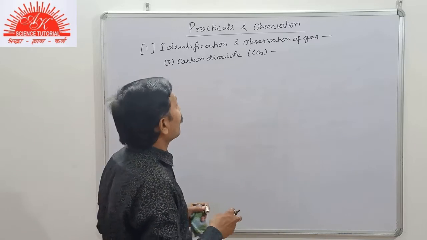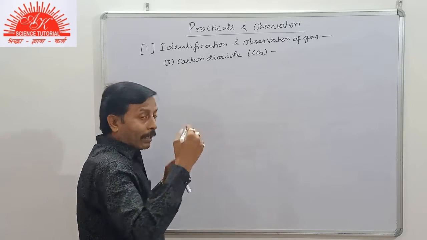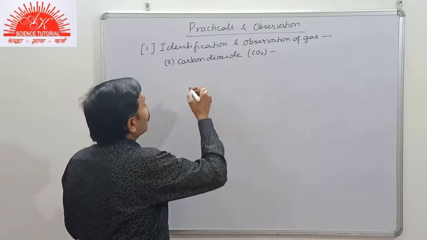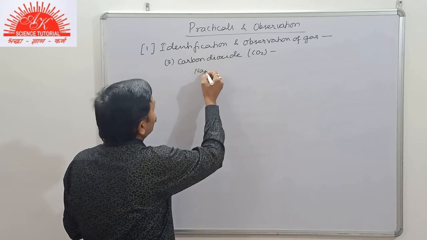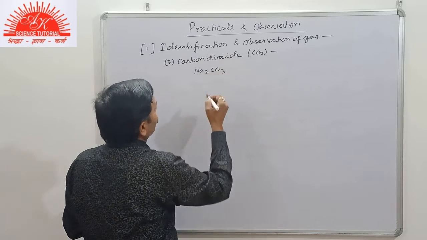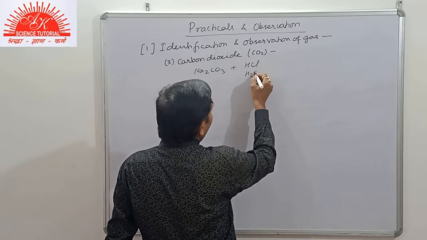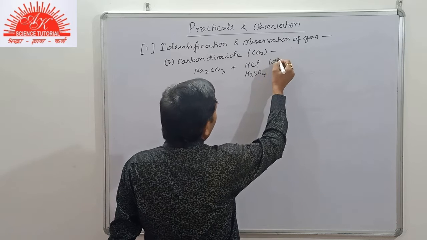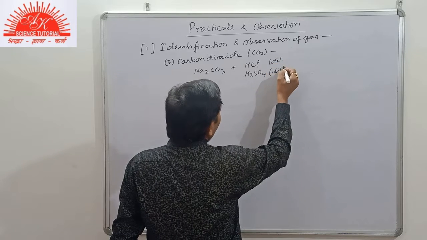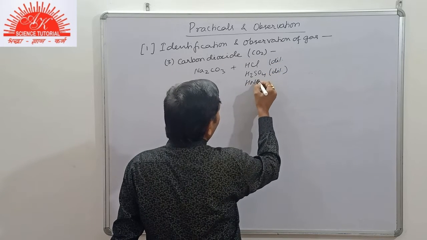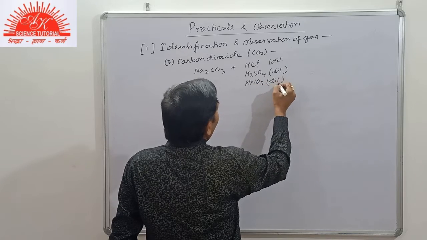Suppose dilute acid is added to any carbonate, say Na2CO3 plus HCl, H2SO4 or any other acid like nitric acid, HNO3.